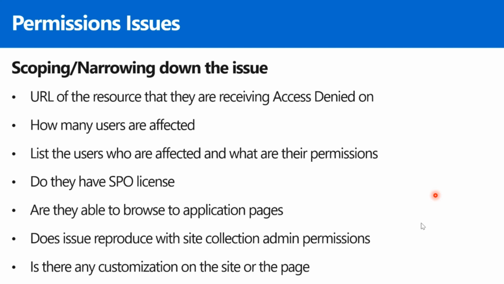What sort of customization can we check for? We can check whether any custom master page is used by the site collection, or if it's a modern site, whether there are any style sheets or any JavaScripts. Is there anything on that particular site that can give us some direction when we are isolating the problem?